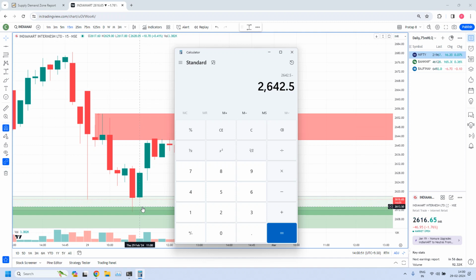The entry is at this 1 minute level. So what is the value? 2613.30. So it has given 29.2 rupees profit.